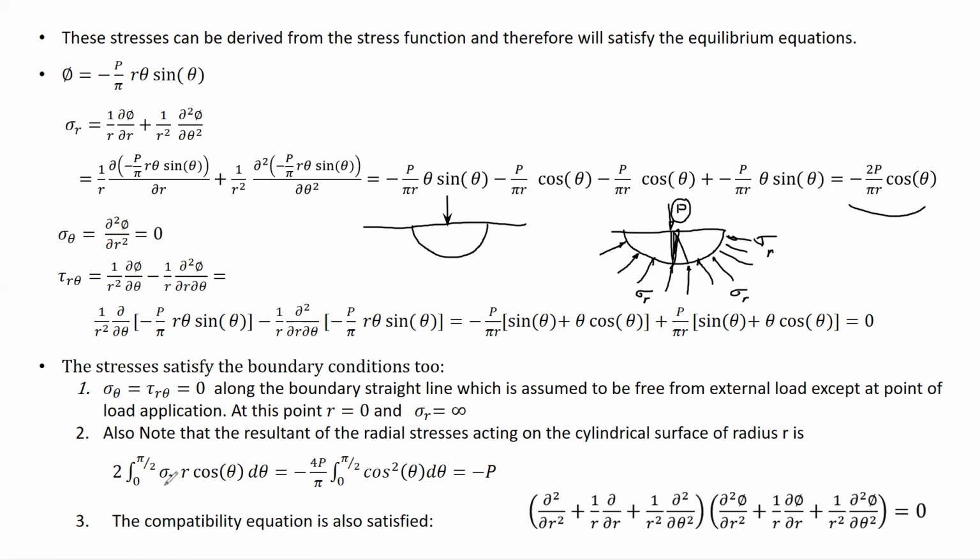That is to say, sigma r for each element times the effective surface area. If you consider an element here, where this angle is d theta, and this is radius r, the projection of sigma r on this element would be sigma r times r cosine theta.